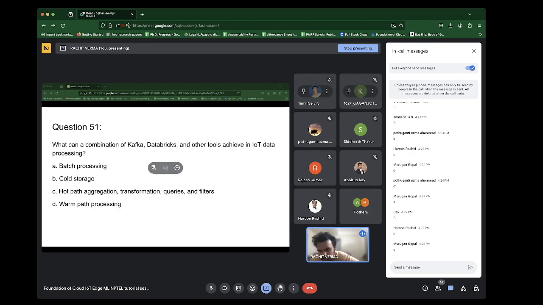What can a combination of Kafka, Databricks, and other tools achieve in IoT data processing? Batch processing, cold storage, hot path aggregation, transformation, queries and filters, or warm path. Most accurate answer?